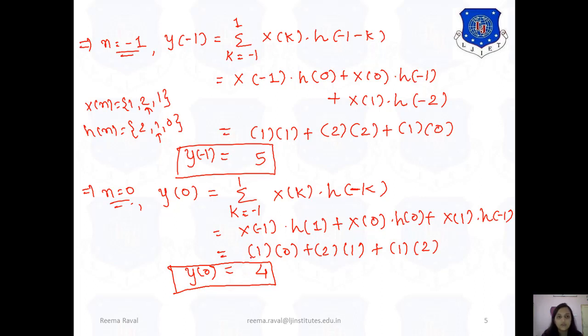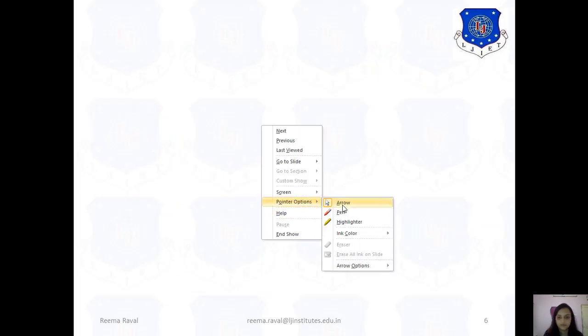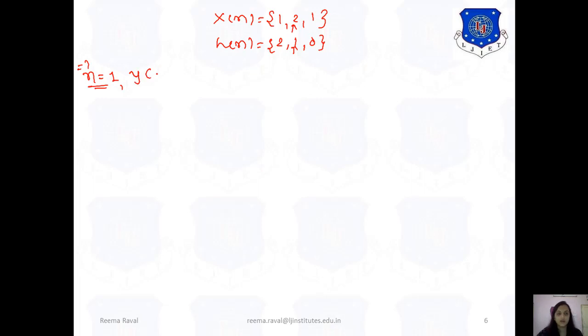Now we will take n equals to 1 and n equals to 2. Okay. X of n is what? 1 2 1 and h of n is 2 1 0. Okay. So now let's take n equals to 1. For that we will get y of 1, that is equals to summation of k equals to minus 1 to 1 x of k into h of 1 minus k.